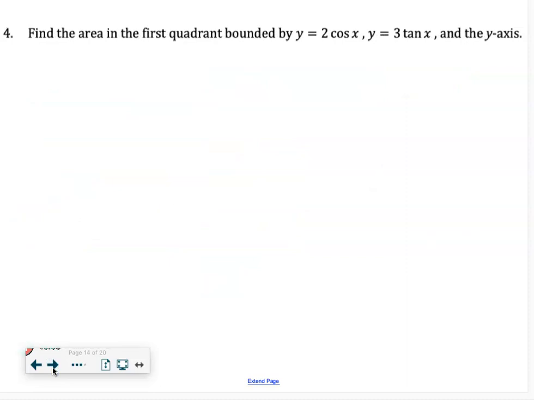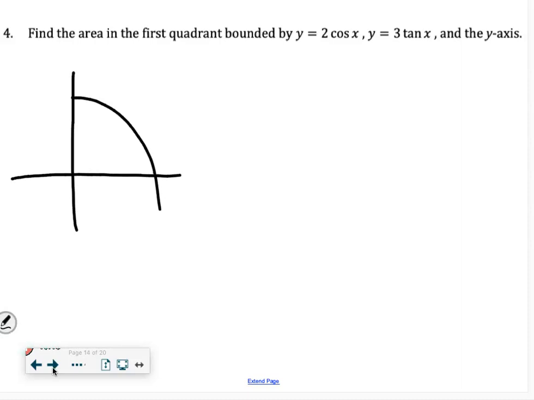Okay, find the area in the first quadrant bounded by 2 cosine x, 3 tan x, and the y-axis. So, all right, 2 cosine x, something like that. We're only in the first quadrant. 3 tan x would be something like that. So you're bounded by the y-axis. So you need to find whatever that point is there. I don't know what this point is. It's wherever 2 cosine x equals 3 tangent x. So you could just graph them both and find the point of intersection.